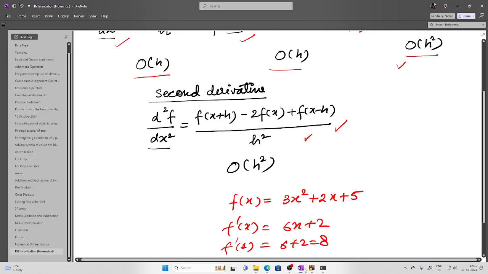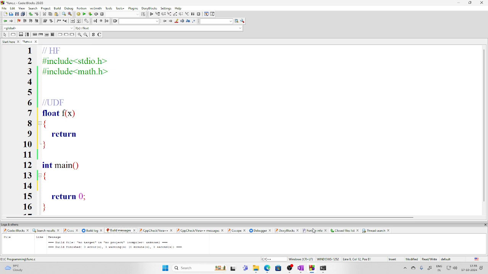The function was 3x squared plus 2x plus 5. Okay, now this is the function.